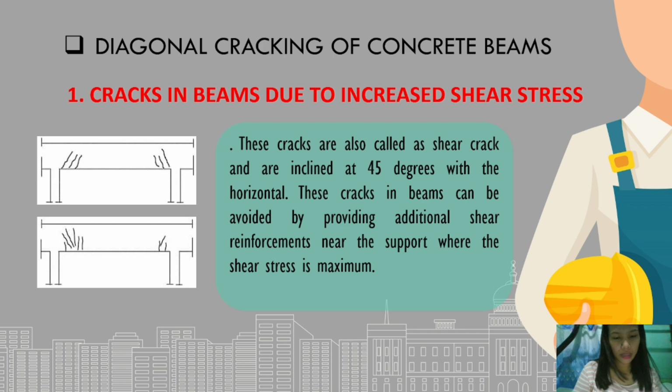These cracks in beams can be avoided by providing additional shear reinforcement near the support, where the shear stress is maximum at a distance of d over 2 from the support, where d is the effective depth of the beam.